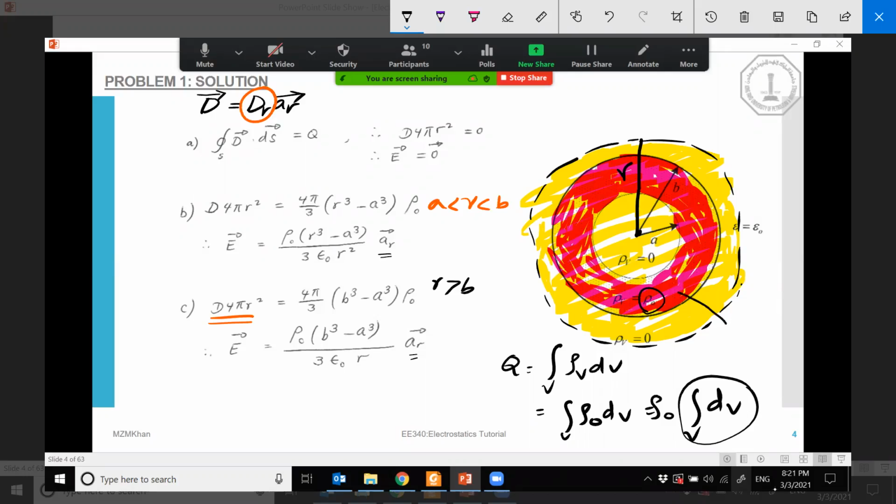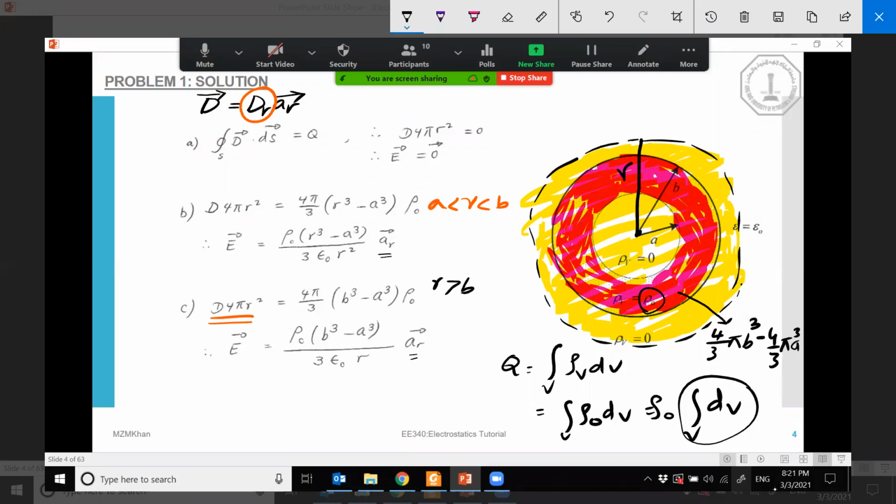Can I say that the volume of my red region is 4 by 3 pi B cubed, the spherical volume of this big sphere whose radius is B, minus 4 by 3 pi A cubed?